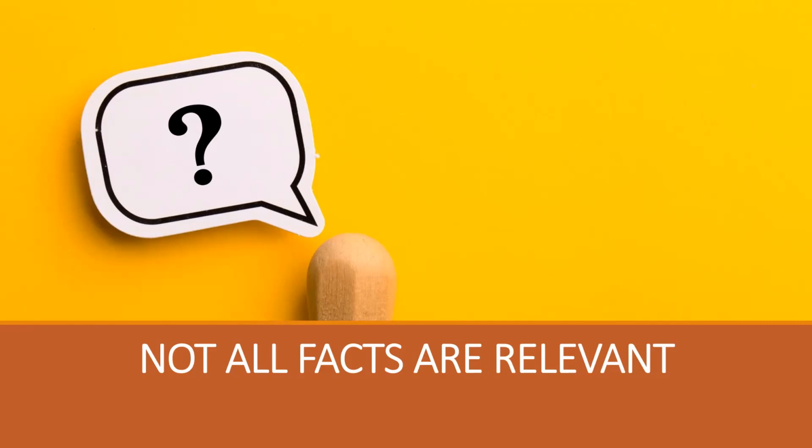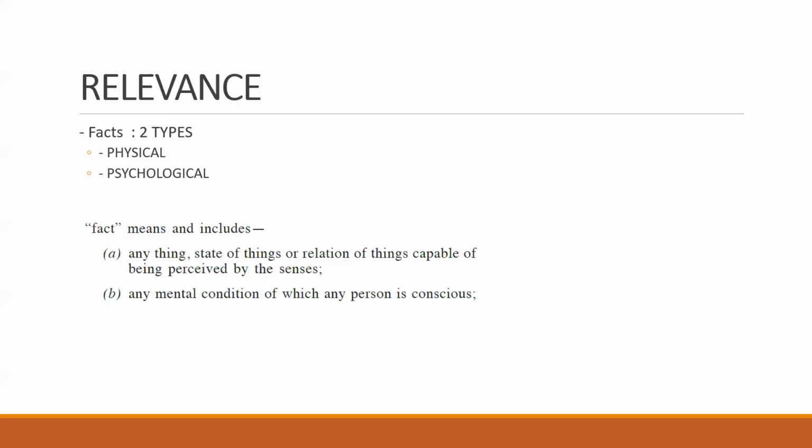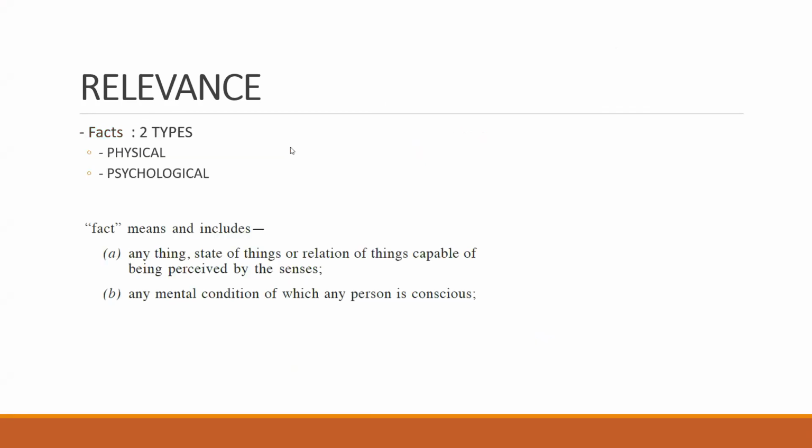So these are all facts, but not all the facts are relevant and should be going to the court. Okay, this is very important. Because I said to you, facts deemed to be relevant and satisfying the Section 5 provision are only two: facts in issue and other facts declared to be relevant, isn't it?